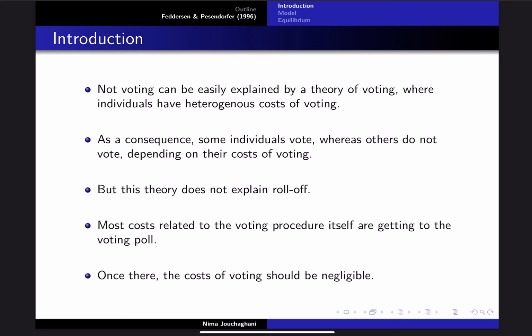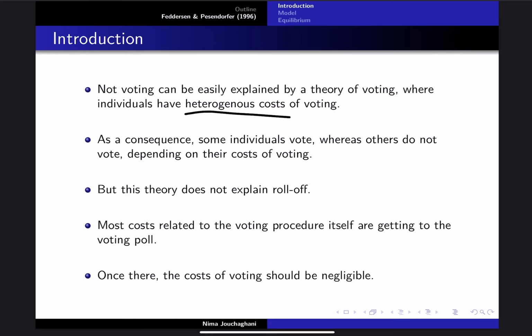And you can think of an individual who has high opportunity costs of time. For him, the costs of voting are very high, and then there is another individual who does not have such high costs of voting. And then you can easily explain why there are individuals who vote and others who do not vote by heterogeneous costs of voting.